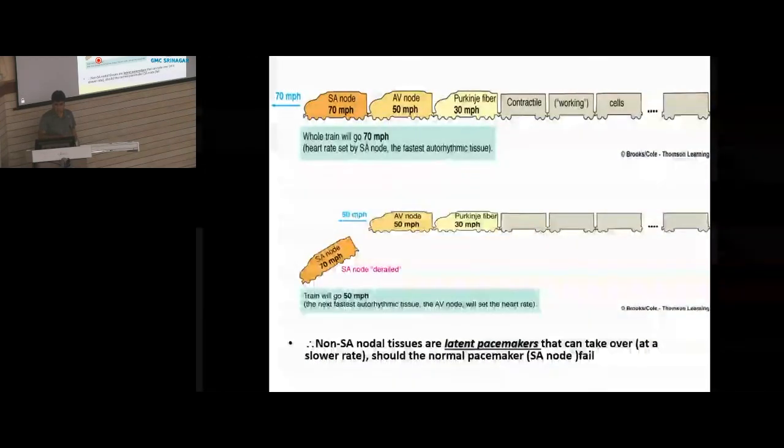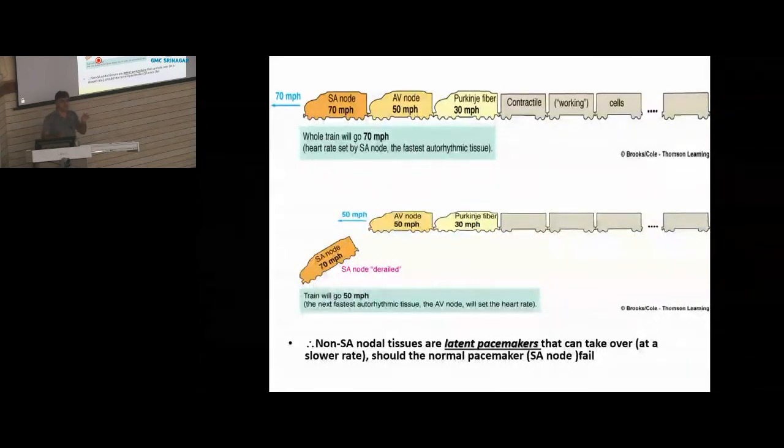Now, as I told you, all of these components have the property of autorhythmicity. That means each and every component can generate an impulse on its own, an automatic generating property. But SA node has the fastest rate of impulse generation.